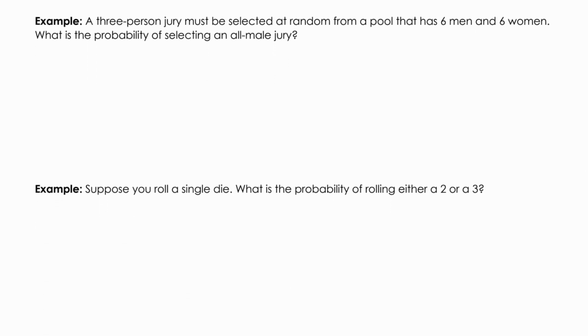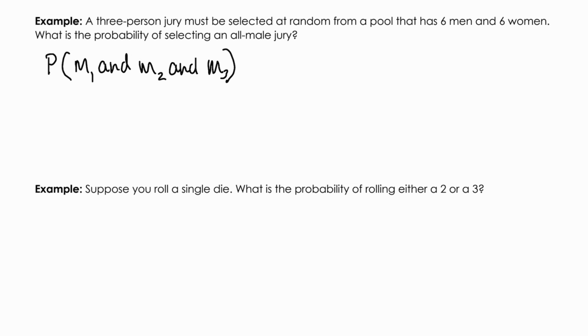A 3-person jury must be selected at random from a pool that has 6 men and 6 women. What is the probability of selecting an all-male jury? Well, we want to find the probability of getting a male on the first try, a male on the second try, and then a male on the third try. I'll put a little 1, 2, and 3 down at the bottom to remind us that those are our first, second, and third picks.